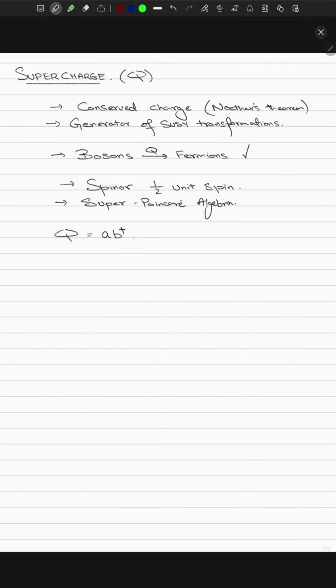So now let's look at what happens when you have this operator Q and it acts on a state with NB, and NF equal to 0, right? So it is a bosonic state and not a fermionic state. Now let's see what this action does.